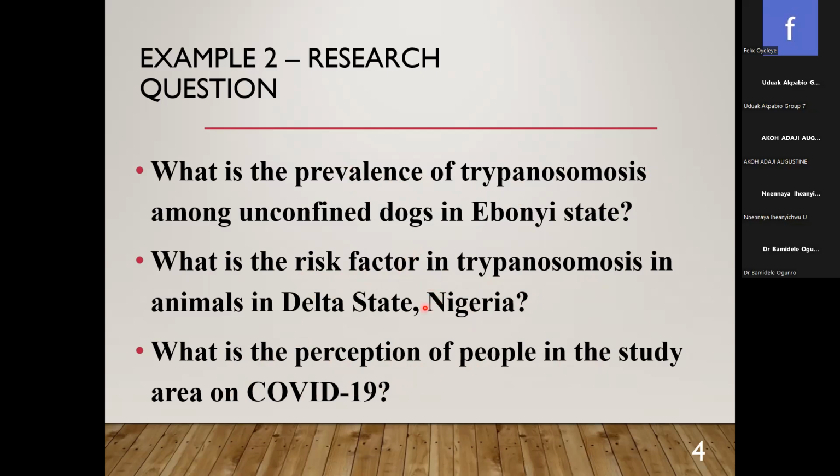The second case is more of asking questions about common practices maybe around the area and things that could predispose the animal to trypanosomosis. Now, the third question is also more of measuring a certain quality of perception, thinking, thoughts among the people.